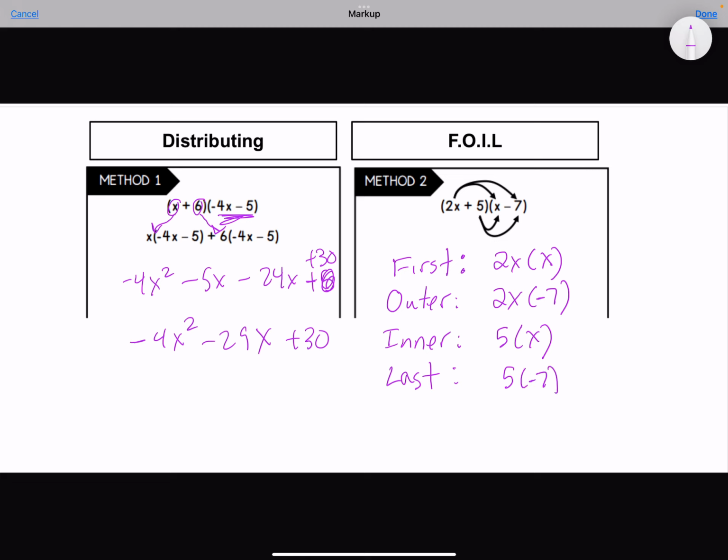So that's 2x squared, negative 14x, 5x, negative 35. We still have to combine my like terms, so the O and I generally are your like terms. So I have 2x squared minus 9x minus 35.